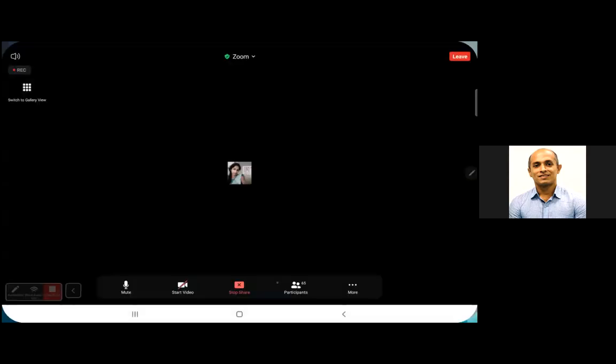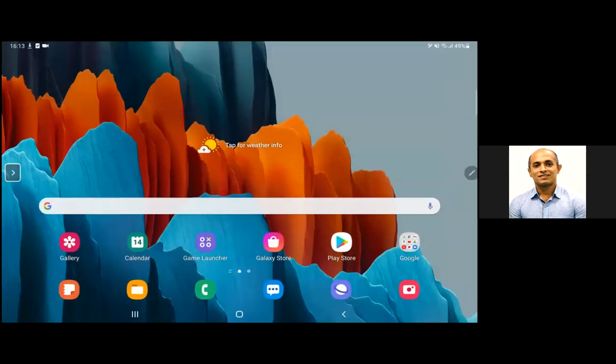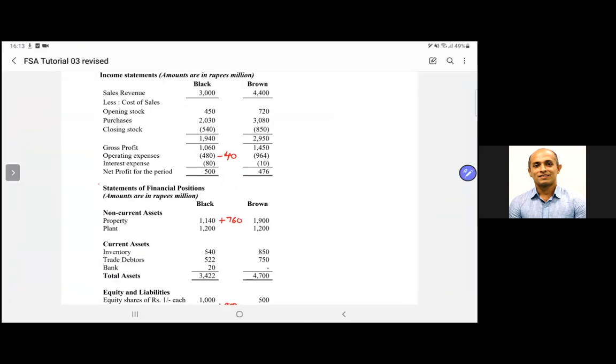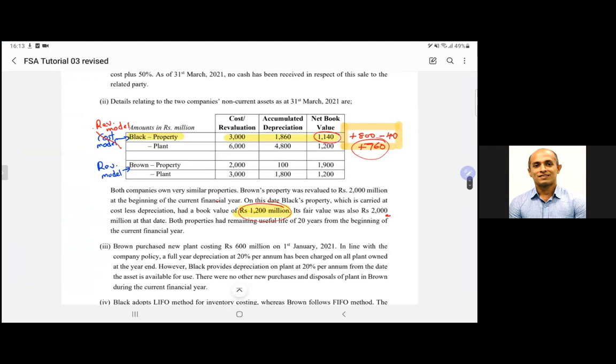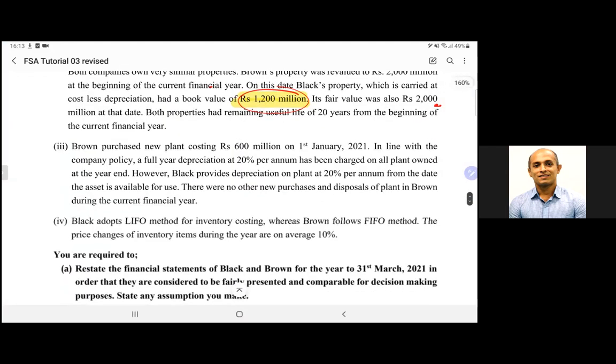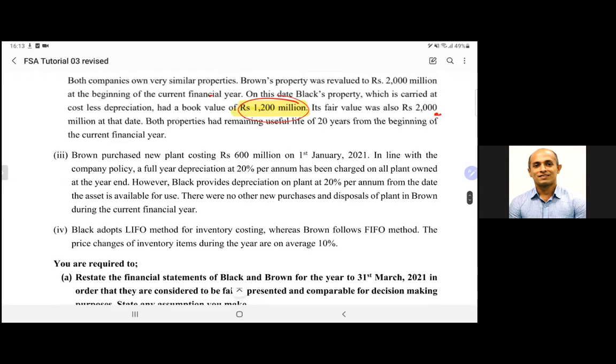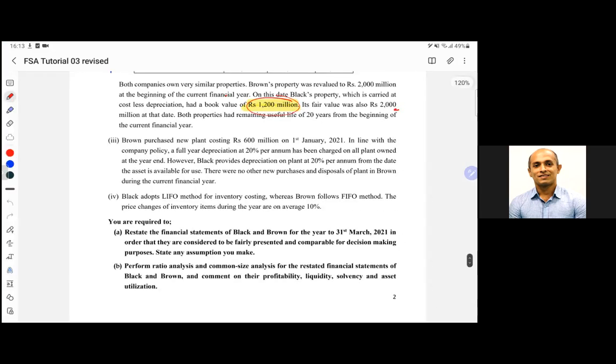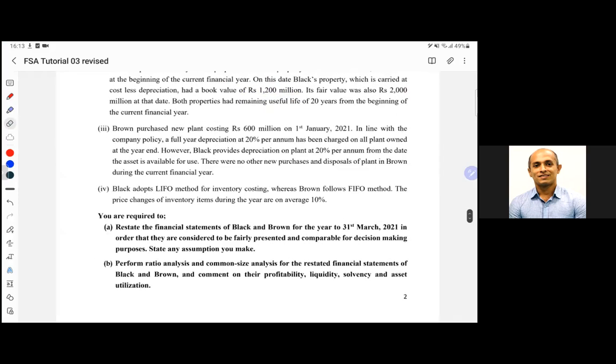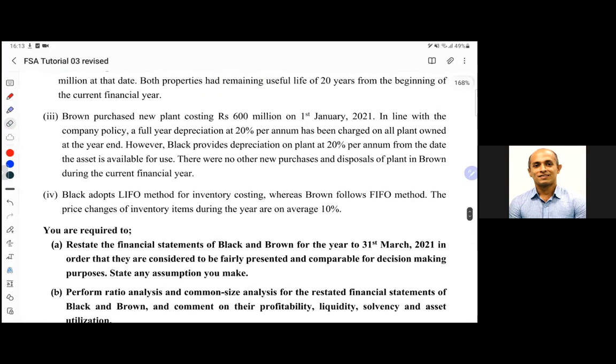Right. Next, we'll see the question, additional information number 3. You see Brown purchased a new plant for 600 million on 1st January 2021.